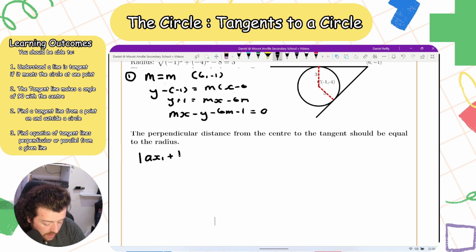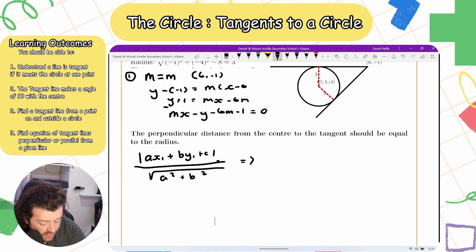perpendicular distance formula: absolute value of ax1 plus by1 plus c, all over the square root of a squared plus b squared. So this is my line: a is m, b is -1, and this is all c.